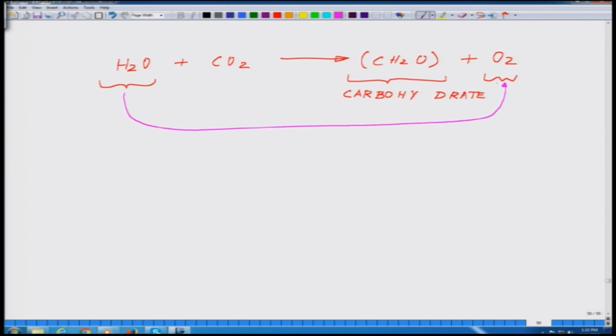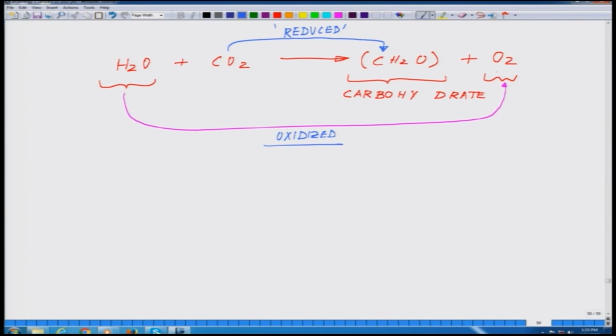And if you see out here, there is another reaction taking place, in which carbon dioxide is getting reduced to carbohydrates. And here H2O is getting oxidized and getting rid of the oxygen. So, oxygen is getting removed from here.